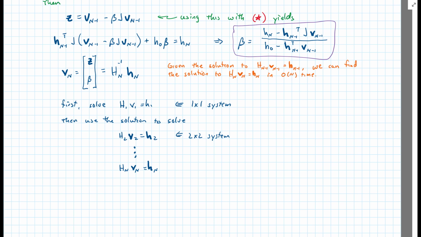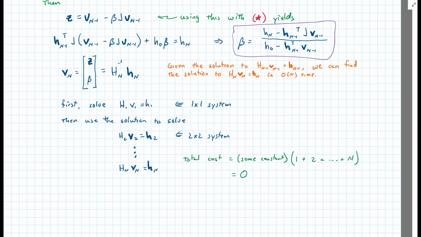h_n. So what's our total cost? Well, it's going to be some constant times 1 plus 2 plus up to n.